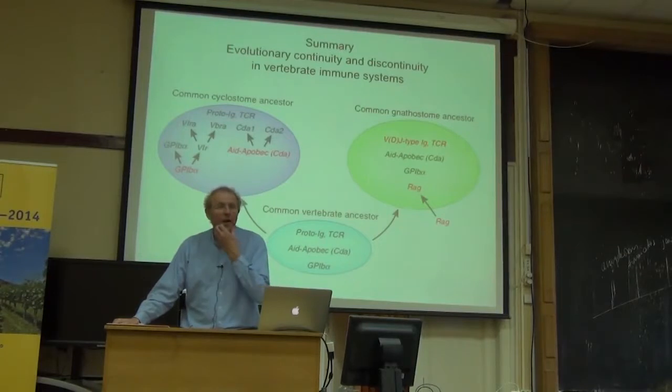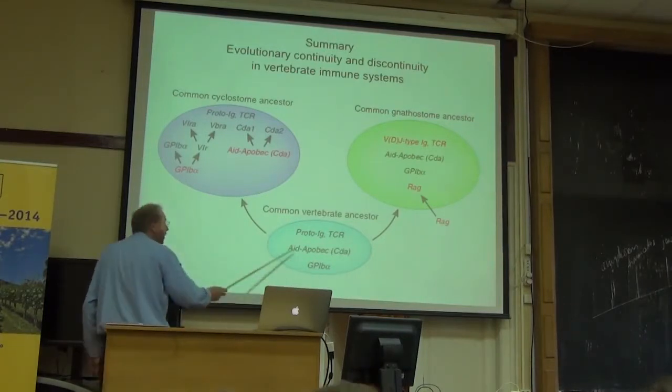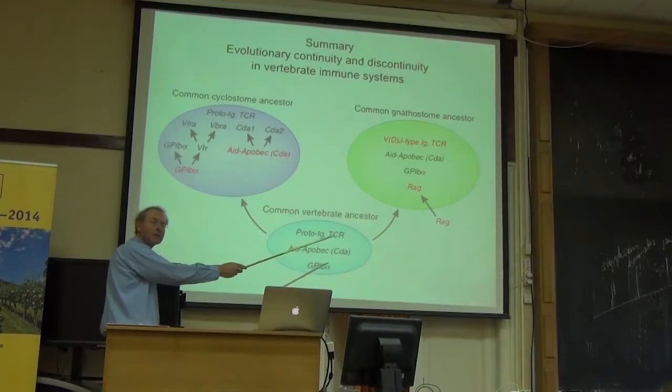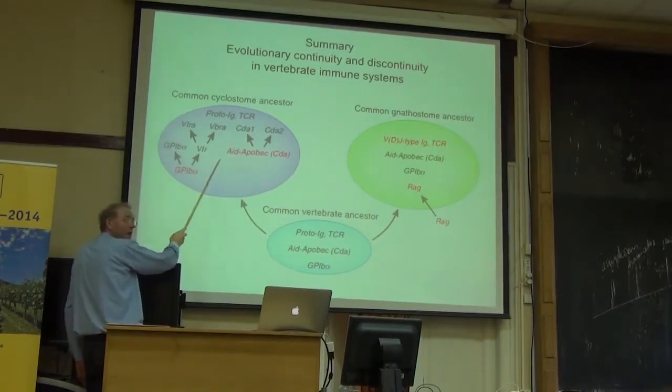And you can put that down in a bit more detail, and you will see then that the common vertebrate ancestor had a proto-IgTCR, the one that was invaded by the RAG recombinase, or this particular transposon, already exists or still exists in the cyclostomes, so the jawless vertebrates.